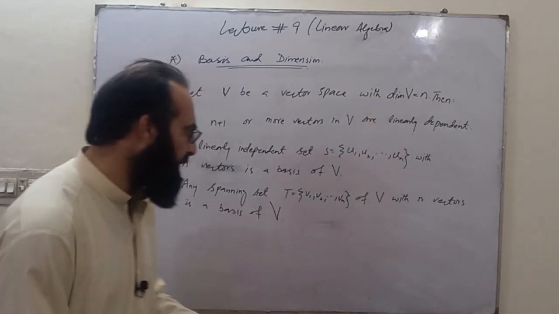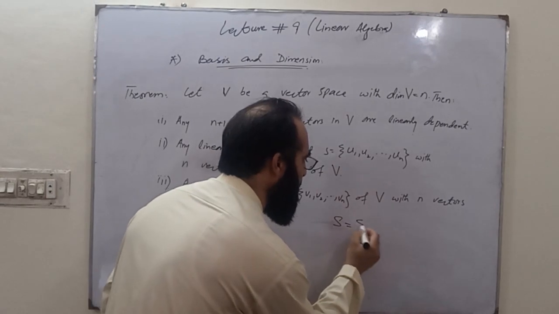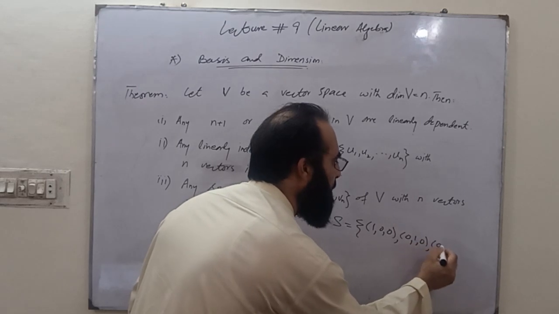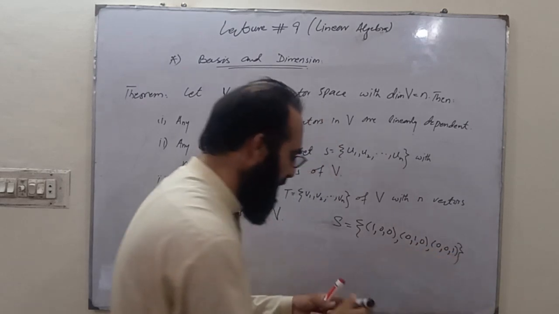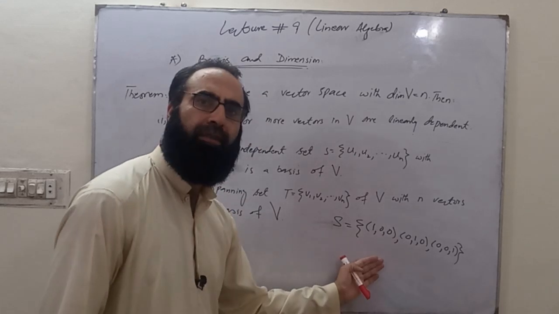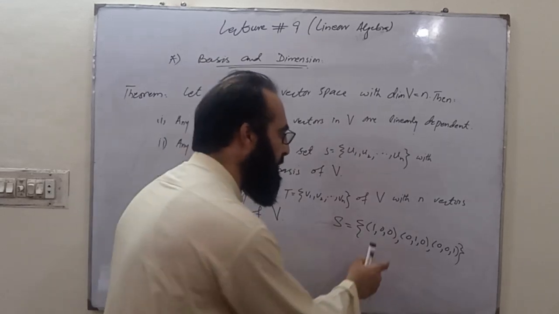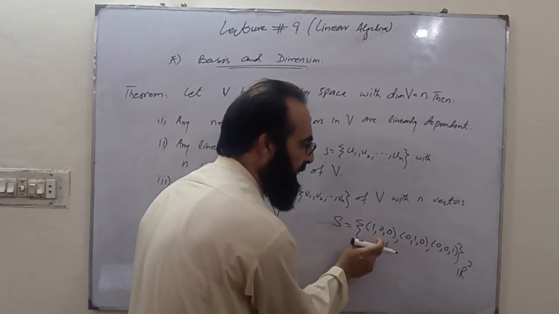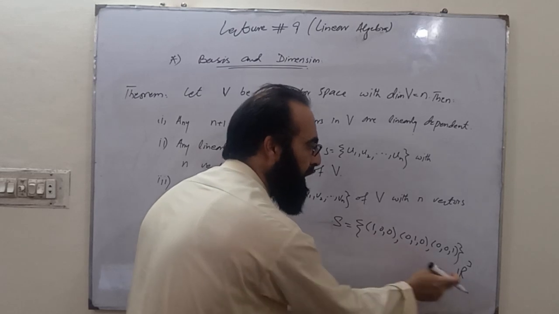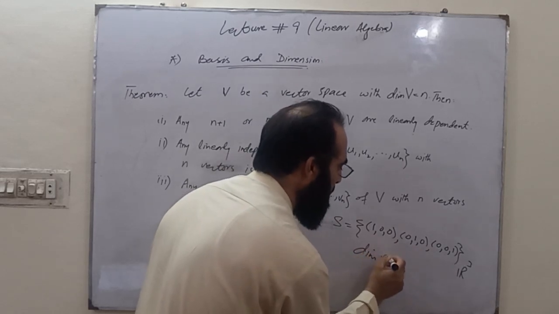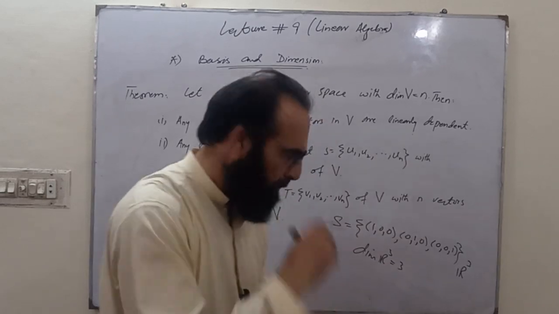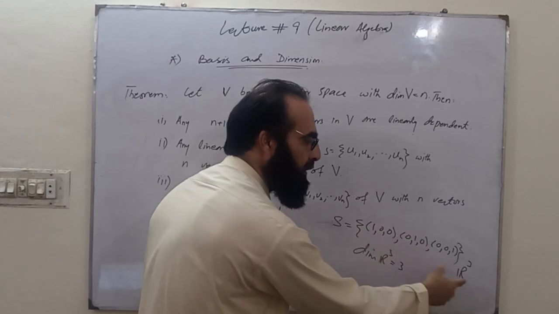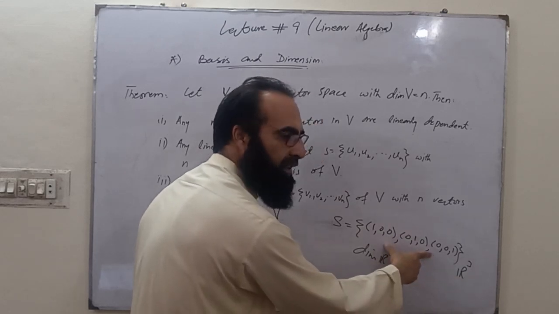As we have already discussed, a collection S consisting of the vectors 1 0 0, 0 1 0 and 0 0 1 is a basis for R cube, and since the number of vectors in this basis is 3, the dimension of R cube is 3, because this collection spans the whole vector space R cube and these vectors are also independent.